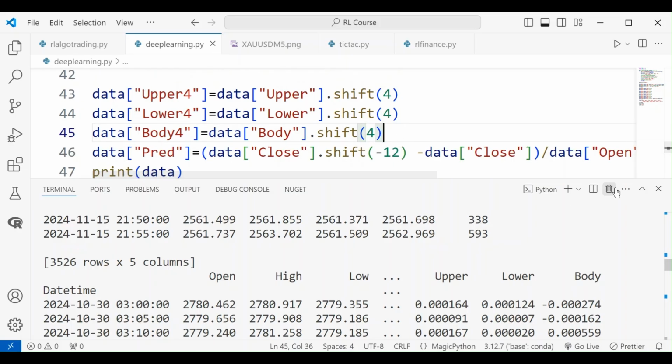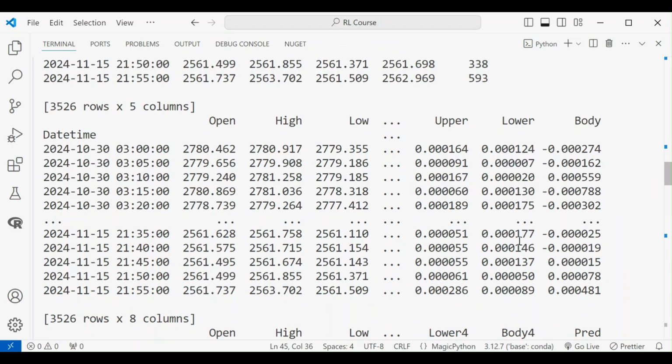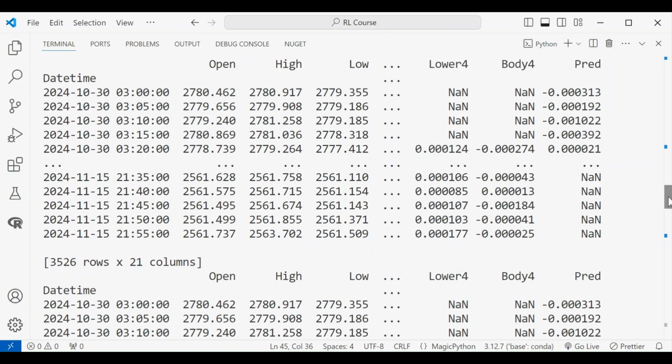So let me show you, explain this step also. Right? So you see these first four lower values are not a number, meaning they are no numbers. What we have done is we have shifted this low to this place over here.